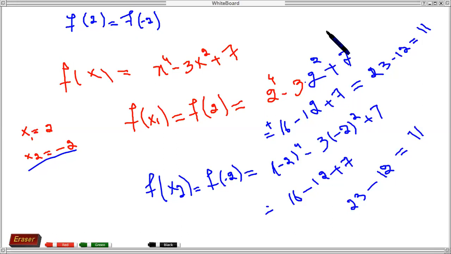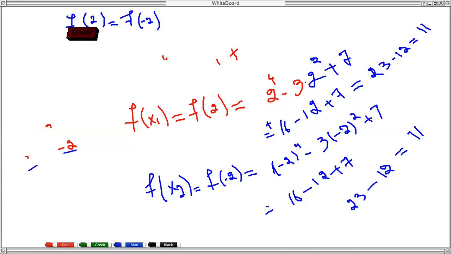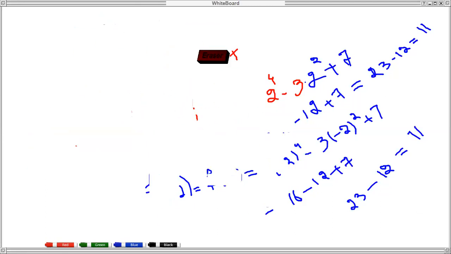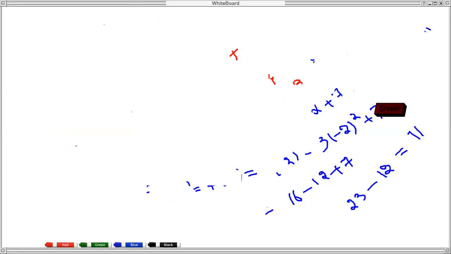Now what about odd function? Okay, one example for odd function.